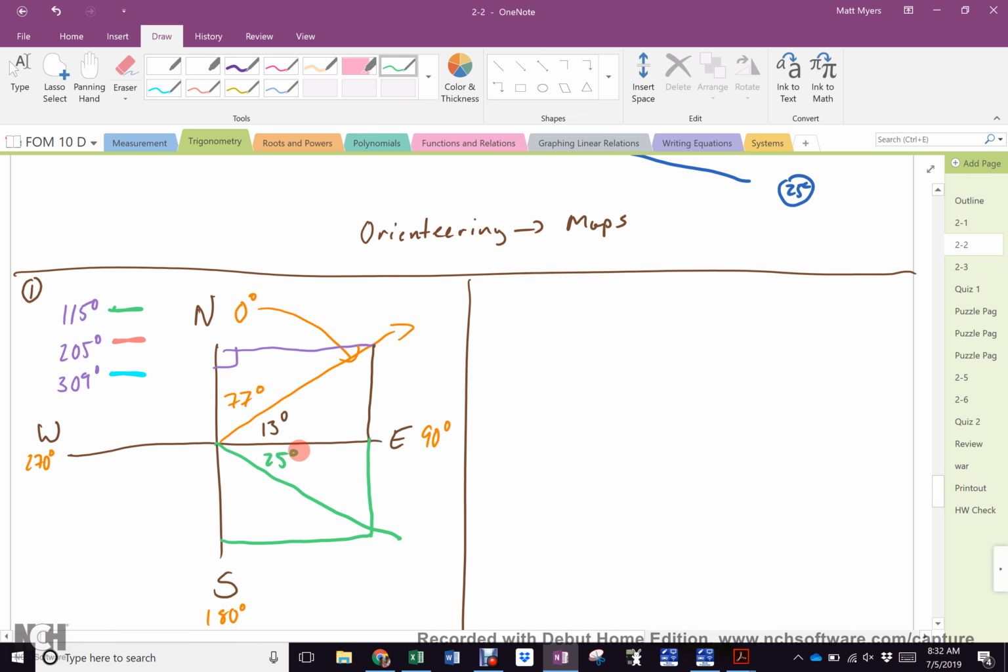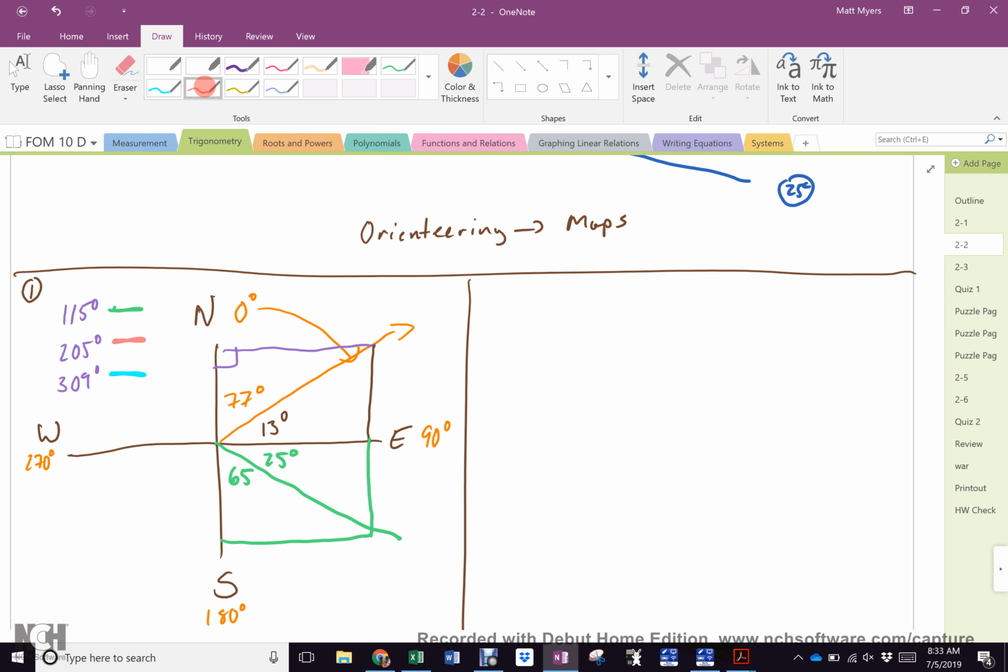Does everybody know why that is 25? The whole thing is 115. This part of it is 90, so that's 25. Everybody cool? What then is this part, if I need to do the triangle down here? 65. Everybody good?